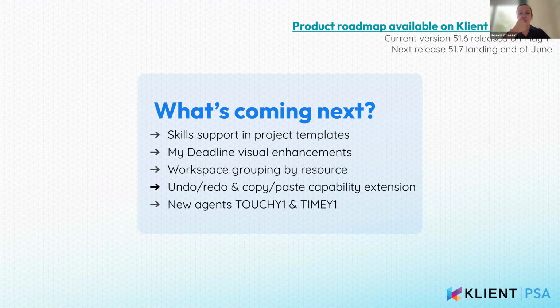One highly requested feature was skills support inside project templates. A lot of people were waiting for this. This is coming for sure. We're also continuing to improve My Deadlines, which was released in autumn a couple of months ago, just making it more usable. We're also adding group by resources capabilities in the workspace. That should be a really cool one to demo in the next webinars.